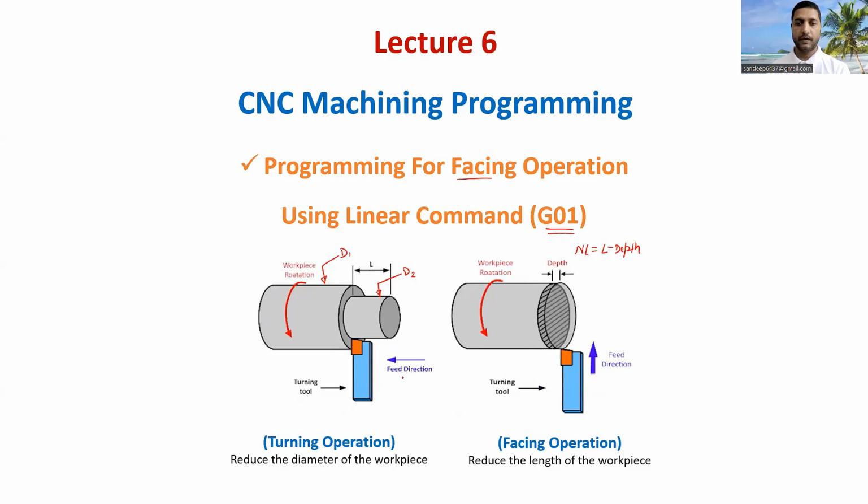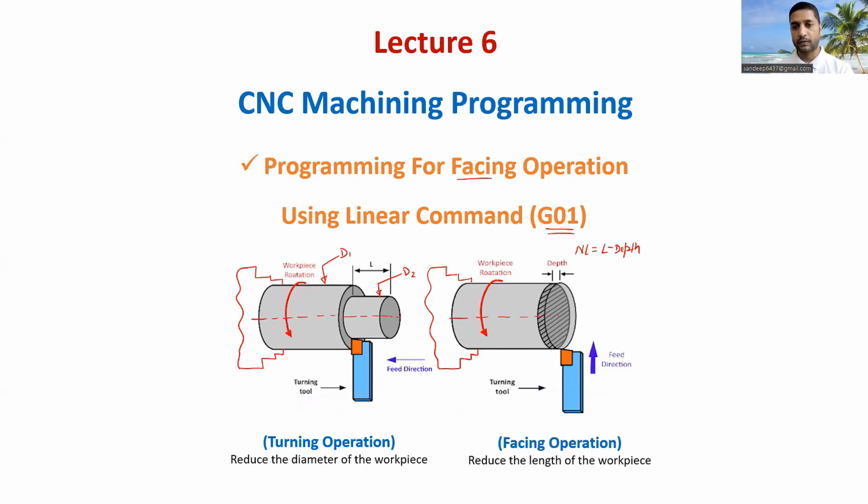Here you can see the feed direction with respect to turning operation, and this is the feed direction with respect to facing operation. Now let me explain the difference between turning and facing with respect to feed direction. For that, let me draw a spindle over here. Let us say this is our spindle, and this is the spindle axis, or axis of spindle.